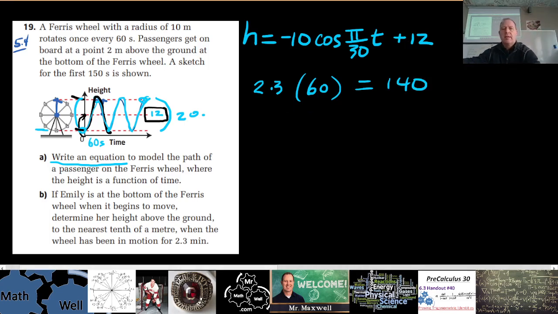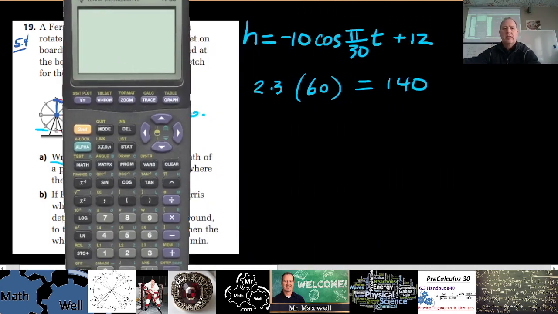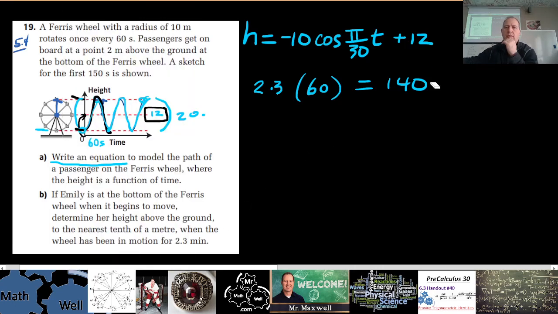That's maybe not exact. Hang on. My bad. 2.3 times 60 is close, but not exact. So I think 138. 2.3 times 60? Yeah. Okay, so 138. 0.3 would be 18, so 120 plus another 18 is 138.